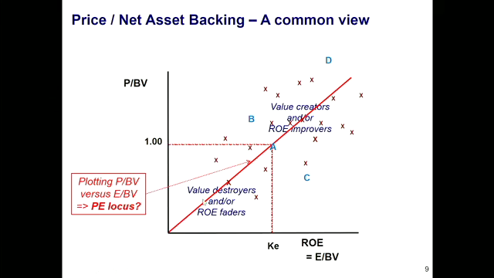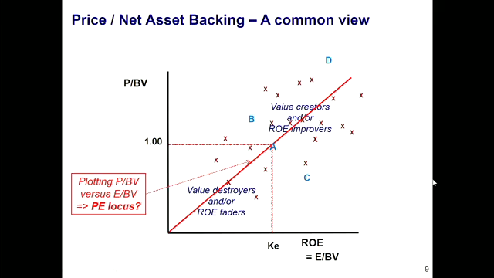Maybe not, because its return on equity is equal to cost of equity. Is it priced at a premium or discount? No, it's so-called fairly priced because its price to book value ratio is equal to 1. So that's probably a quite boring industry, a boring company, and it doesn't really attract much investors' attention.